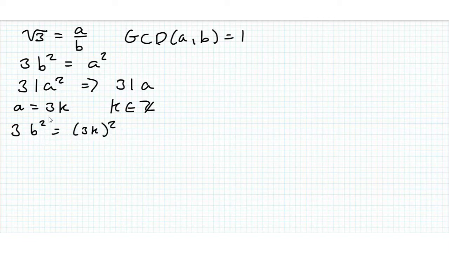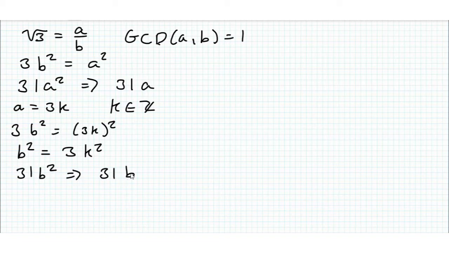Right, all we've done is substitute a equals 3k, and rearranging this leads to b squared is equal to 3k squared. Okay, expanding this and then dividing by 3, and then by the same logic we used earlier, 3 divides b squared, meaning 3 divides b.